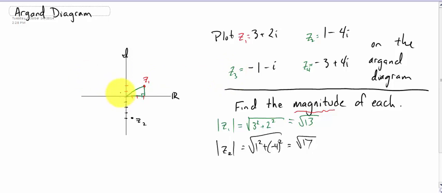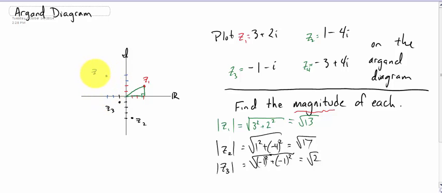Z3, negative 1 minus i, so that real and imaginary part of negative 1. So the magnitude of Z3 is square root of 2. And then let's plot Z4, negative 3 plus 4i, negative 3 real part plus 4 imaginary part.